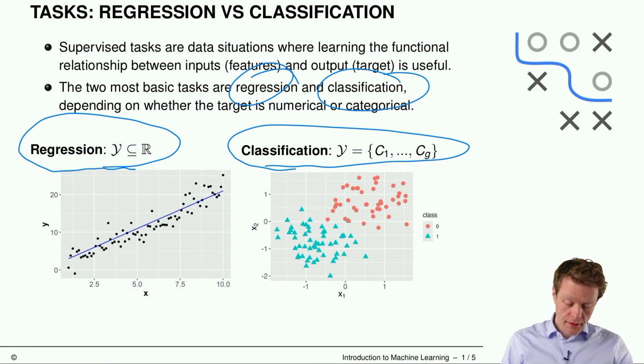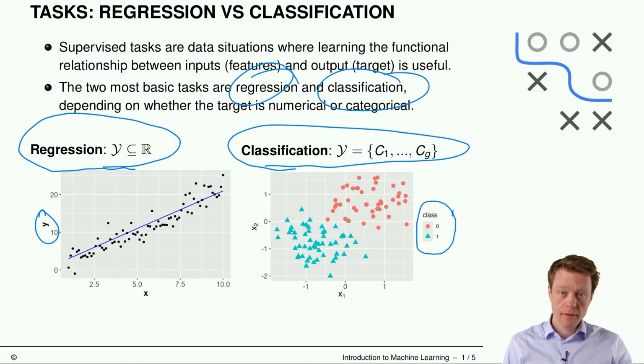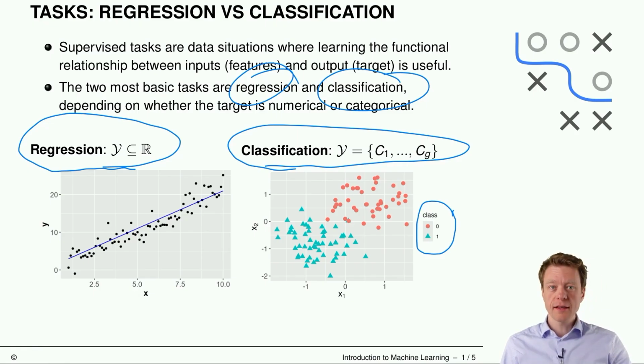On the right hand side, for the classification task, the target variable is not on the y-axis as on the left hand side for the regression task, but the y label, so the target, is just denoted by the symbol and color of these points. So we have circles and triangles, and this denotes to which class of the target variable an observation belongs.